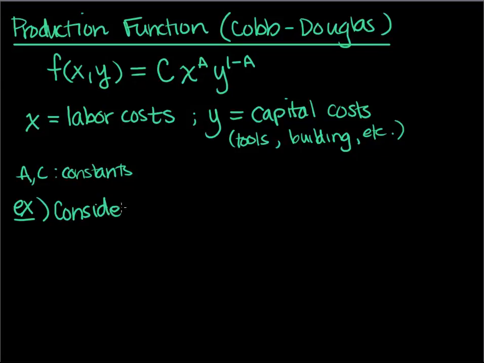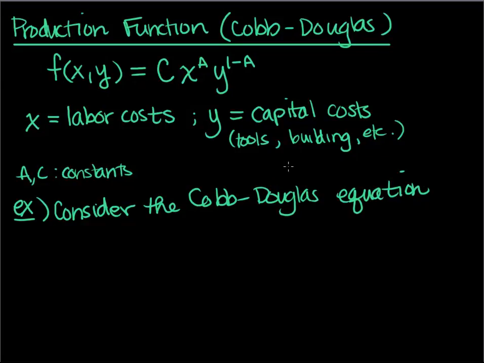This is a relatively short lecture for me. Consider the Cobb-Douglas equation. Okay, so here's the Cobb-Douglas equation that I want us to look at. F of x, y. And where does this come from?